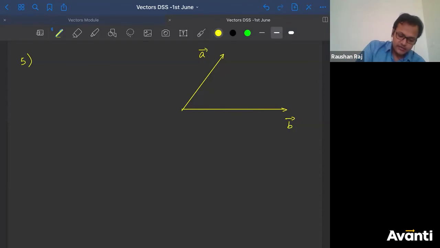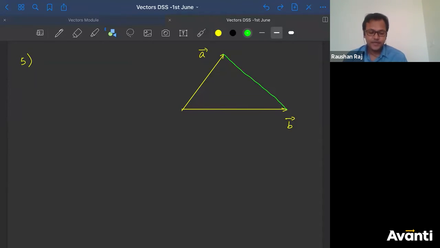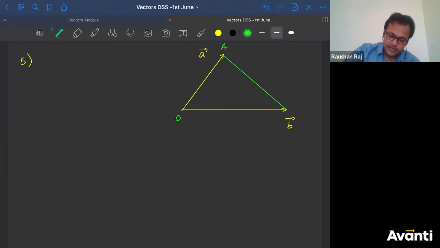Can I say that a triangle will be formed if I join these two endpoints? If this is O, this is A, and this is B. So I have to find the area of the triangle. Yes, correct. I am showing how the area of the triangle is found. Area of triangle OAB is equal to 1/2 into modulus of.